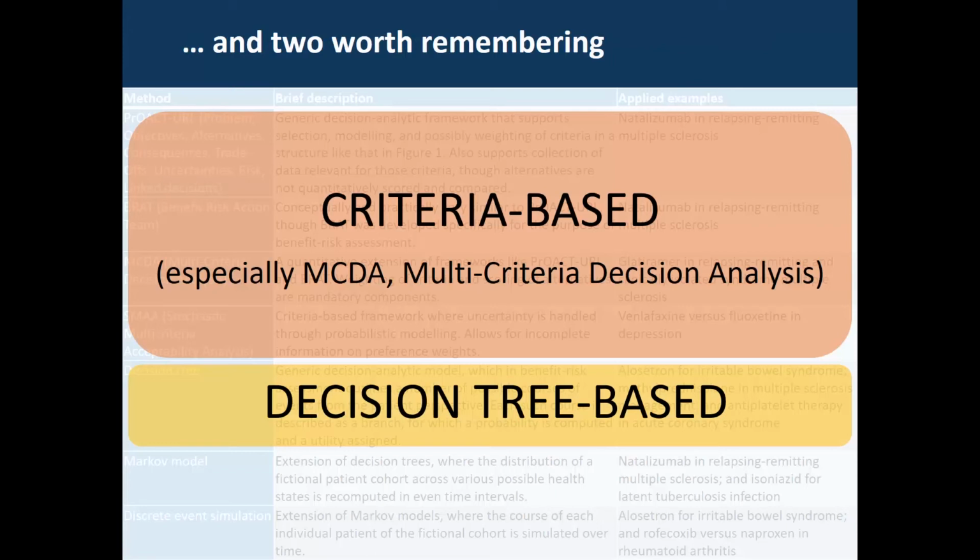What I will do is present in some detail two specific groups of methods that have been identified in several reviews as promising, and that also appear to be the ones that are most used so far. And this applies in particular to so-called multi-criteria decision analysis, or MCDA as it's often abbreviated.